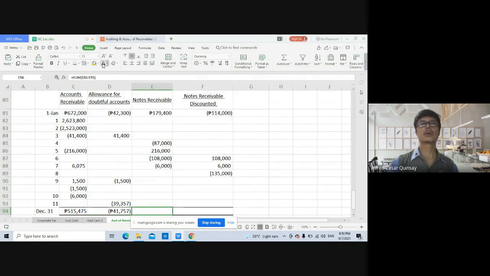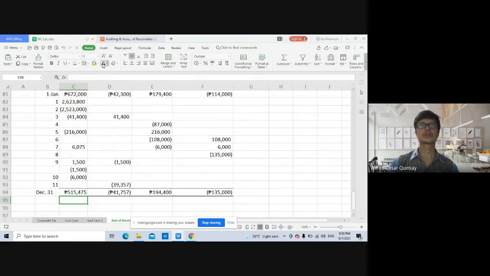Notes receivable ending balance would be 194,400. And for notes receivable discounted, that would be 135,500. So these are the ending balances of the said receivables. No? Accounts receivable, notes receivable, and notes receivable discounted.